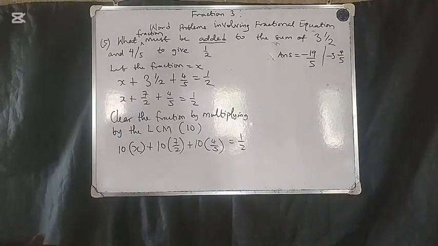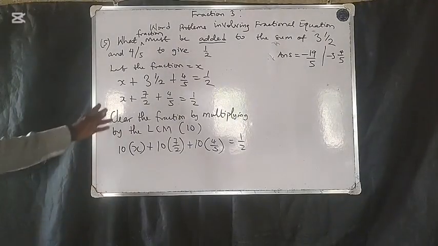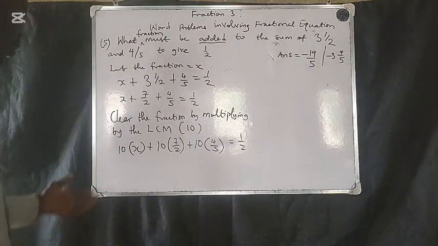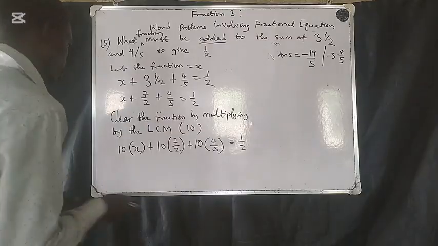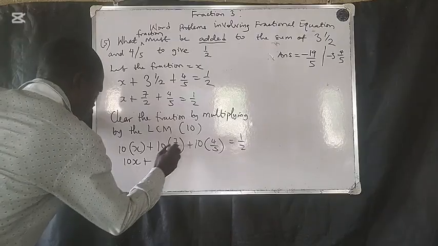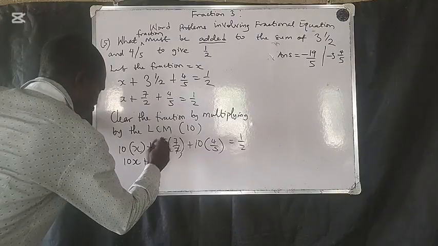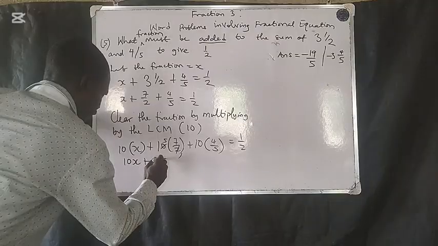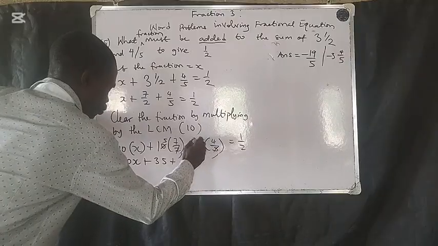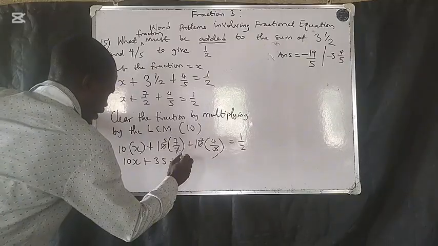So we have each of the fractions multiplied by 10, and the purpose of that is to clear the denominators. So 10 times x, 10x; 2 goes into 10 five times, 5 times 7 is 35, plus 5 times 4 is 8.